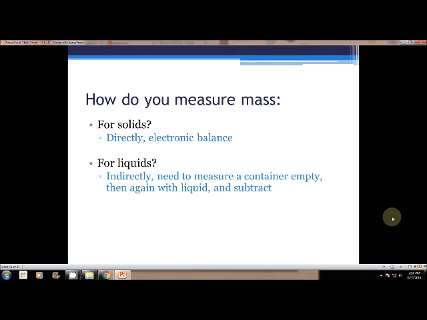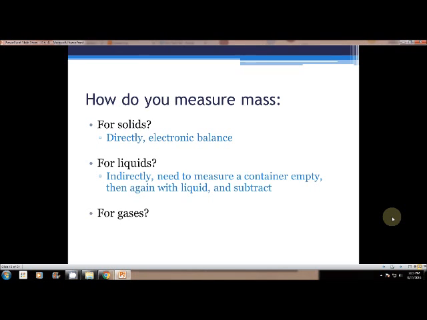Well, for liquids, it's indirect, because if I just poured the liquid out on the balance, it would go all over and it wouldn't be an accurate measurement. So we do this indirectly by putting it in a container and then subtracting the mass of the container from the mass of both the liquid and the container to figure out just the liquid.